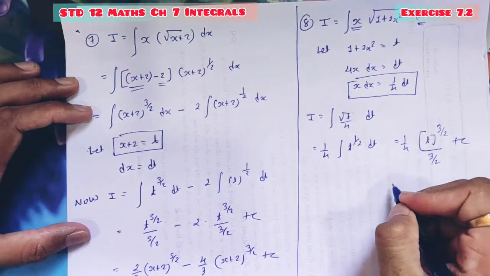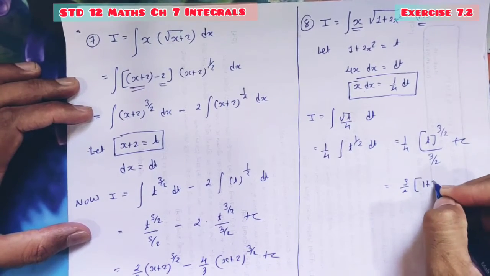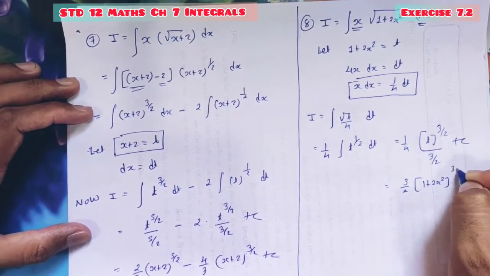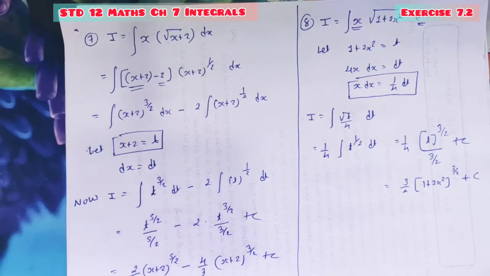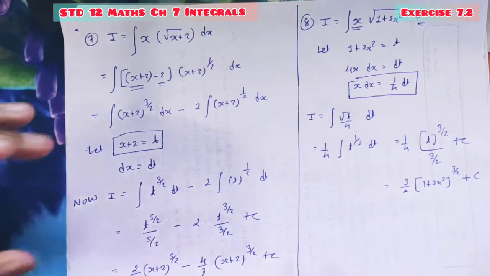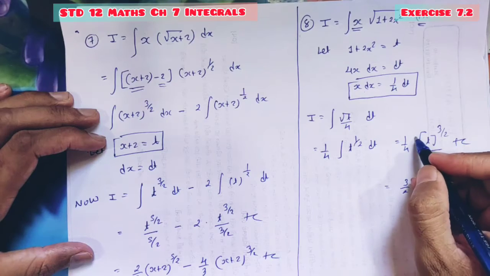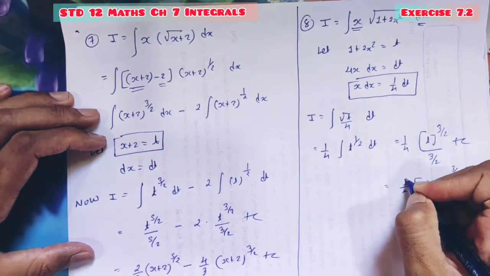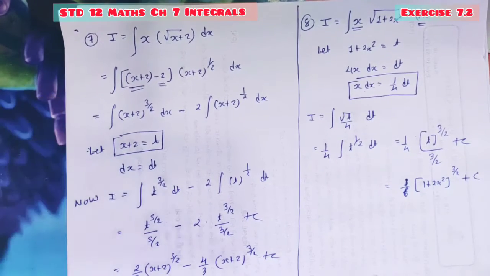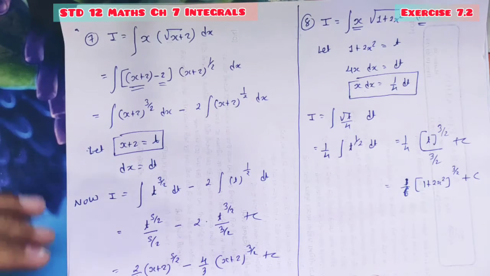With t as 1 plus 2x square, the 4 and 2 cancel, 3 comes down, 1 by 6 comes. So 1 by 6 into 1 plus 2x square raised to 3 by 2 plus c is the answer. Done.